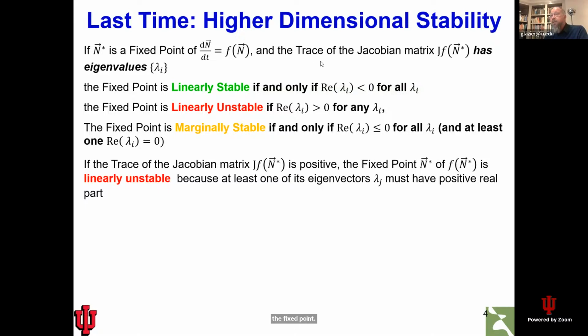And I don't know why this says the trace of the Jacobian matrix here. That's a typo. It's probably a cut and paste typo.